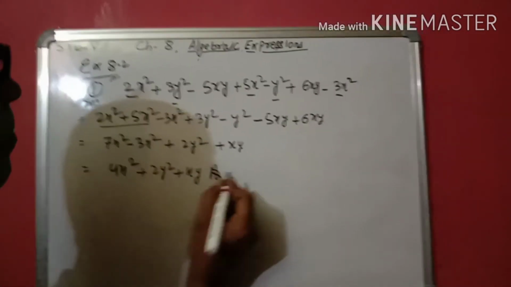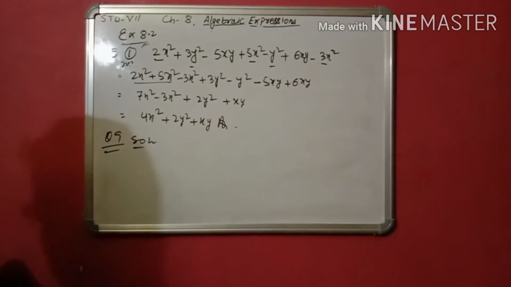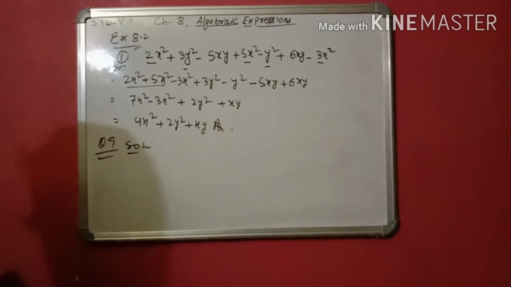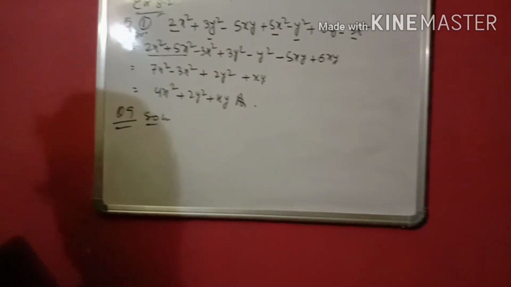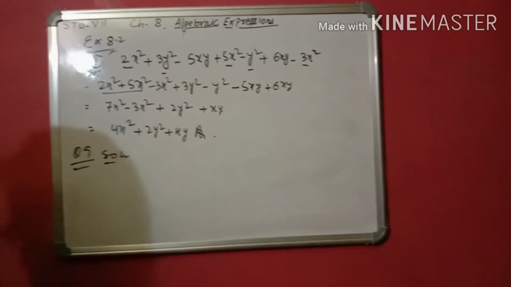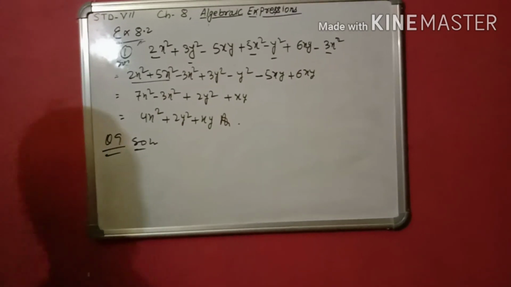Number 9, it is given: what should be added to x square minus y square plus 2xy to obtain x square plus y square plus 5xy? What should be added?